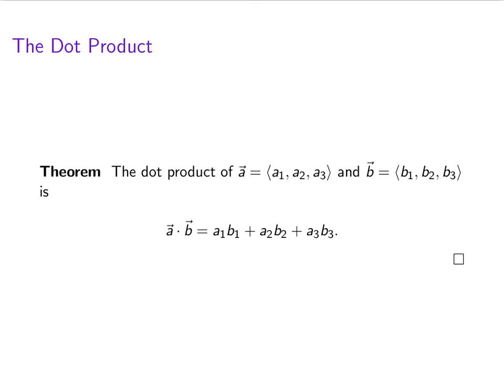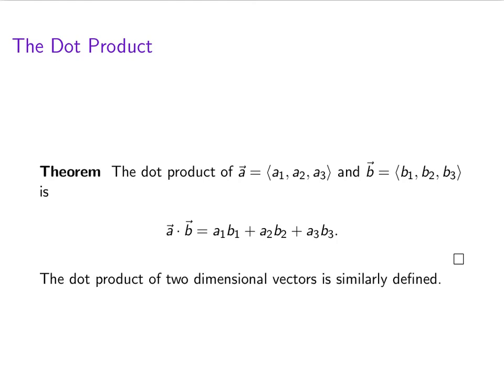So we can give a theorem that says that the dot product of A and B, given in component form, can be gotten by just multiplying the corresponding components and then adding up those products. And of course there is a dot product of two-dimensional vectors that's similarly defined. Okay, that's all for now.